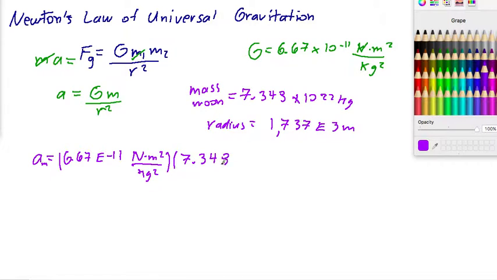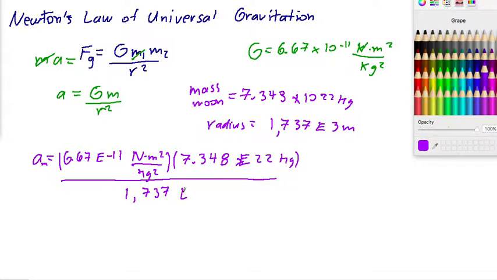Most of the time you will be given the mass, and if not, you can calculate the mass using Kepler's law, which we will cover soon in our next videos. Now divide by the radius, which is 1,737,000 meters, and don't forget to square this, because if you do, you're going to end up having an awful answer, like I just did in order to prepare for this video.